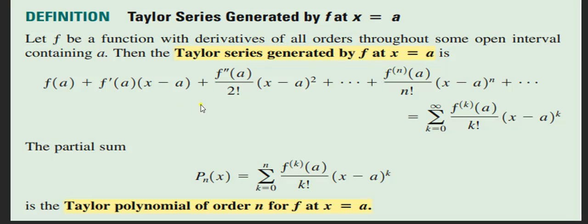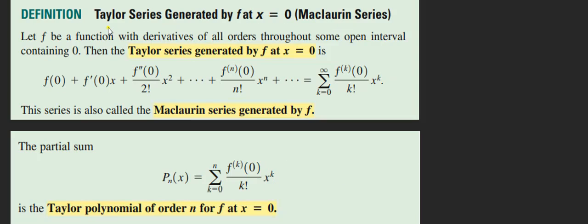And we could write these terms using summation notation. Now, when the Taylor series is generated by f at x equals 0, in other words, when a is 0, we call that Taylor series a Maclaurin series.